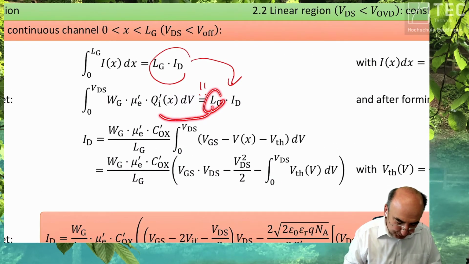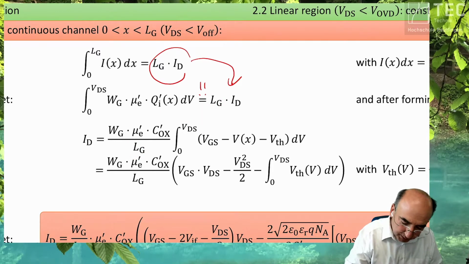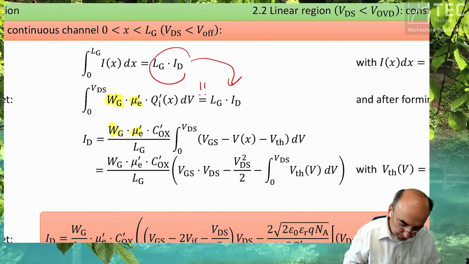Okay, let's put LG to the left-hand side. What is constant? So let's mark all the constants. This is constant, this is constant. LG is constant, and ID, the drain current, we have here.